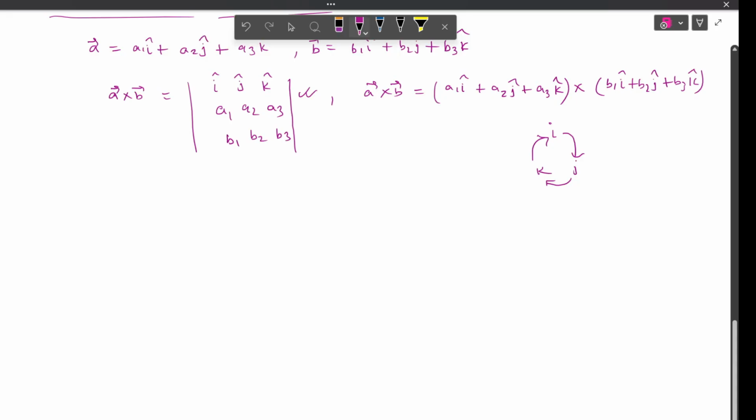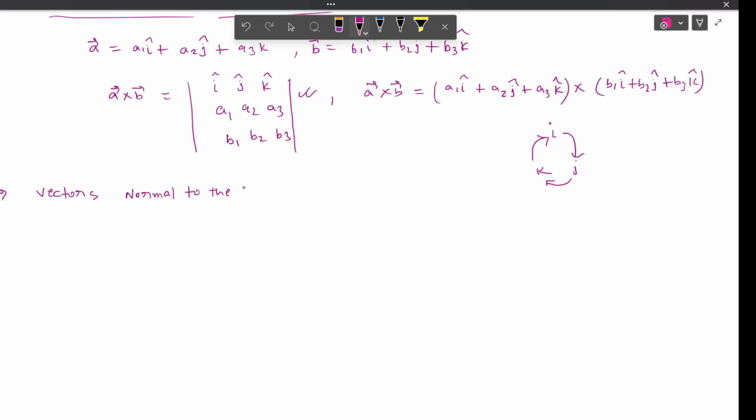Now our next topic is vectors normal to the plane of two given vectors.